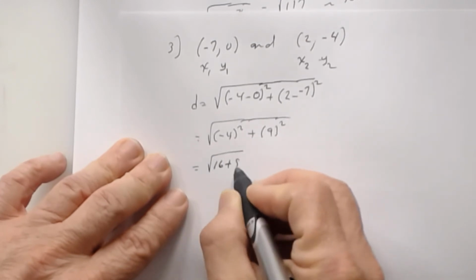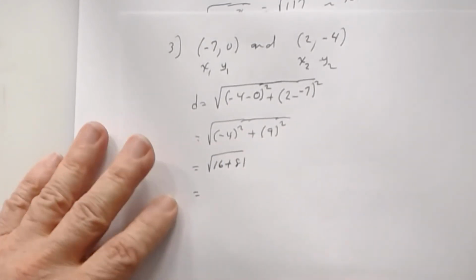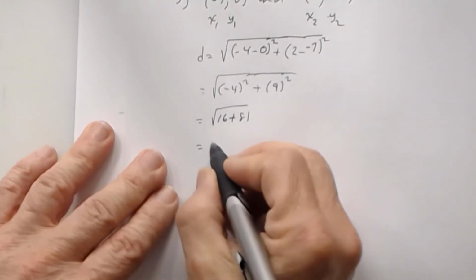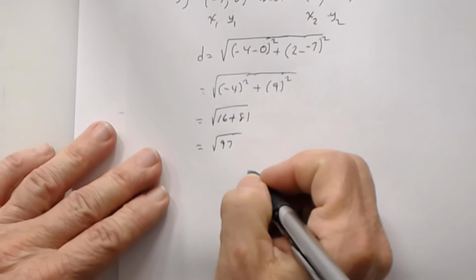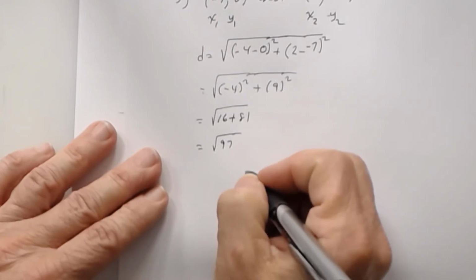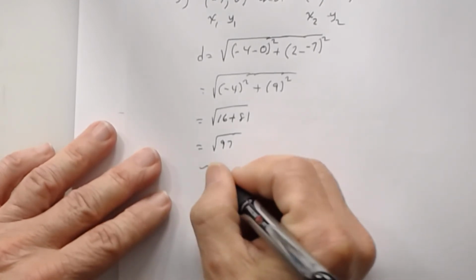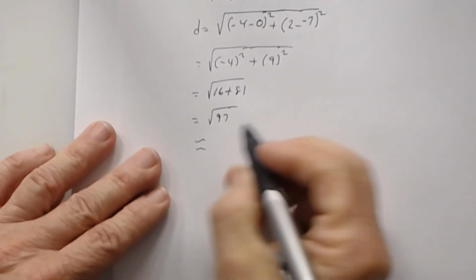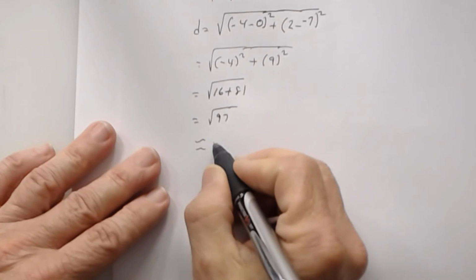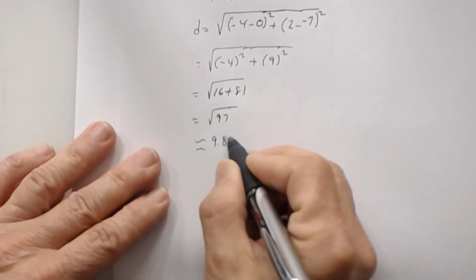And 9 squared? What's 16 plus 81? 97. Besides 1, is there a perfect square that goes into 97? No. So approximate this on your calculator. What is it? 9.85.